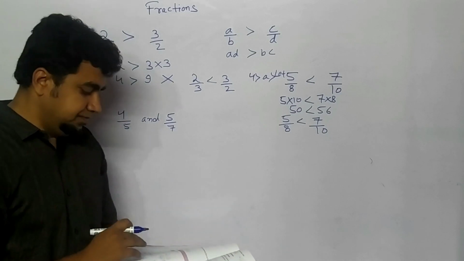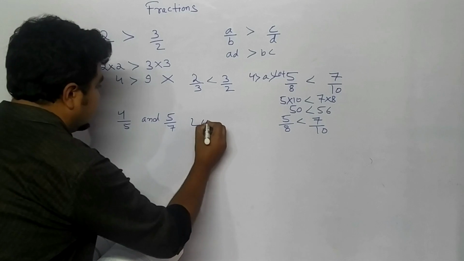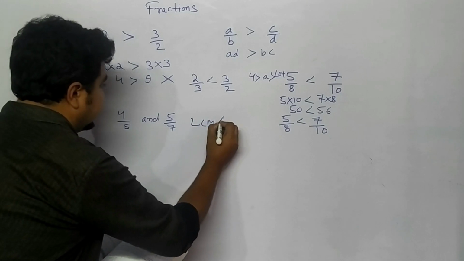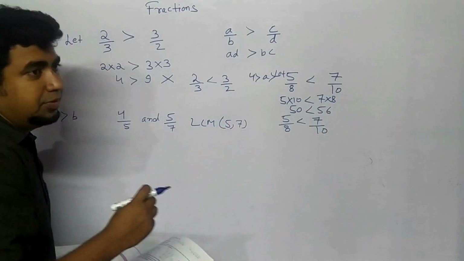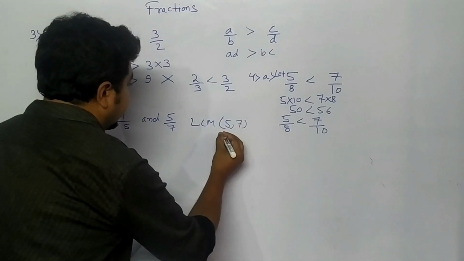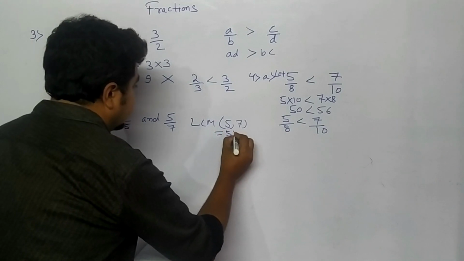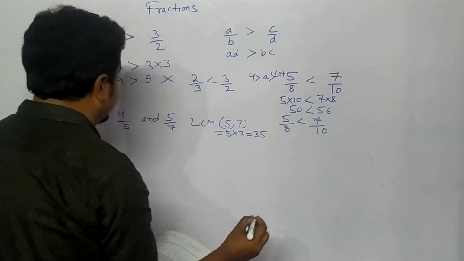In this question, first you take the LCM of the denominators, LCM of 5 and 7. These both do not have any common factor, so 5 will be multiplied by 7, and 5 into 7 is 35. This is the LCM.